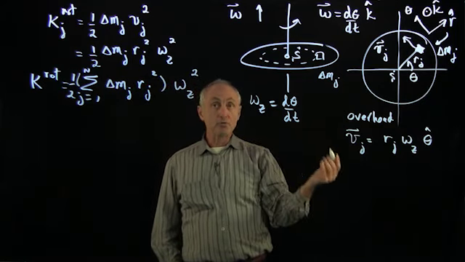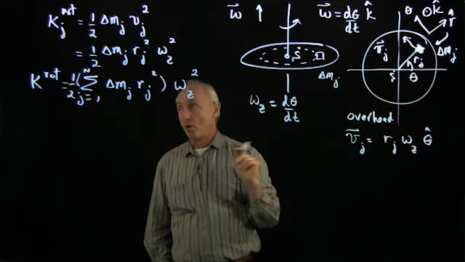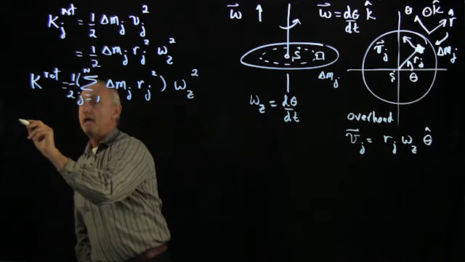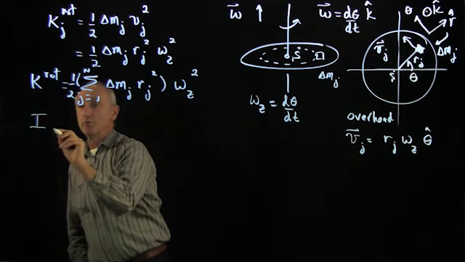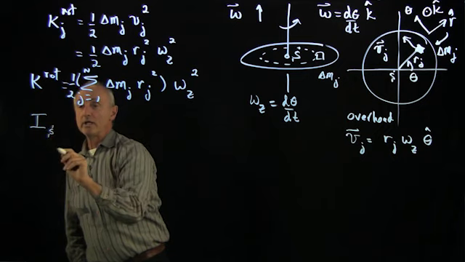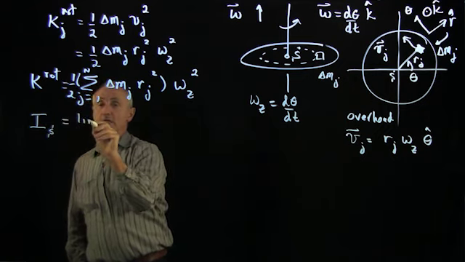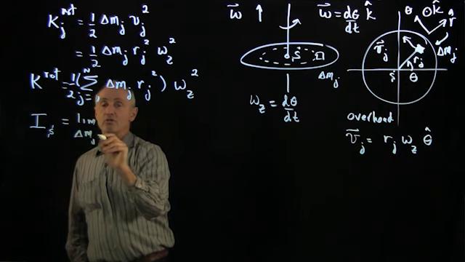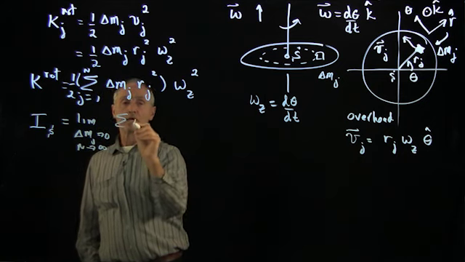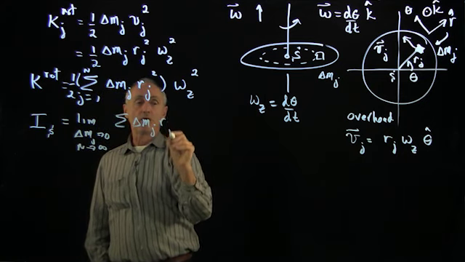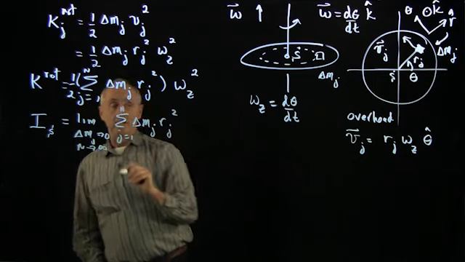Now what we want to do now is look at the limit as our delta mj becomes very small because we have a continuous body, and we'll write a definition which is going to be the moment of inertia about the axis passing through S, which is equal to the limit as delta mj goes to 0 or n goes to infinity of this sum of delta mj rj squared, j goes from 1 to n.